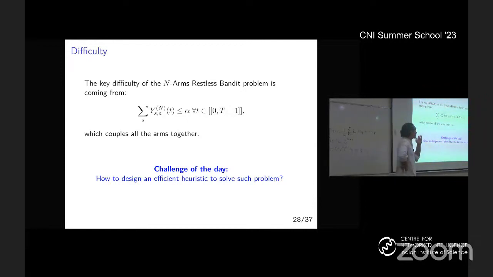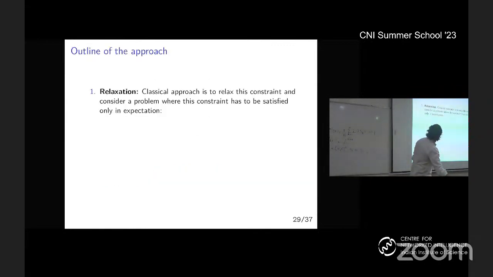Because when working with such constraints, you find a way to simplify them, hoping that at infinity you are exactly matching the constraints. So this is what we call relaxation, and this is a classical approach that has been taken throughout the entire restless bandit literature. So instead of wanting to satisfy the constraint always, you just say, I want to satisfy the constraints in expectation.